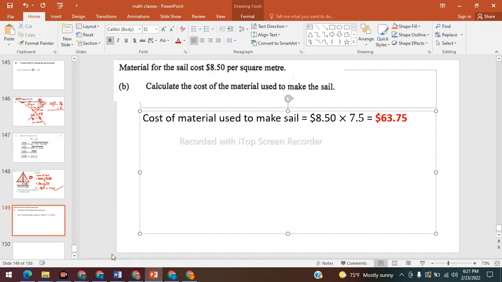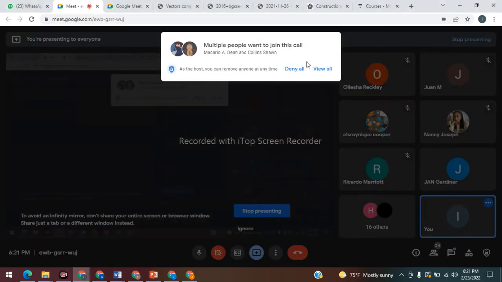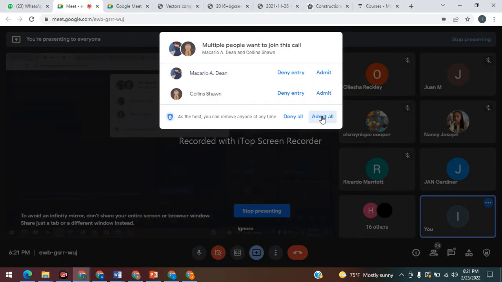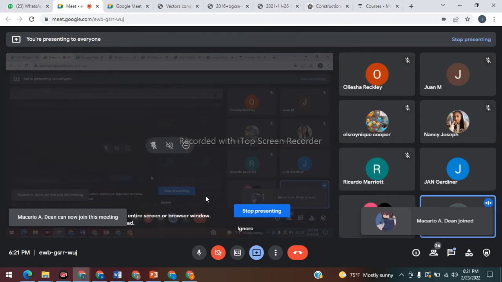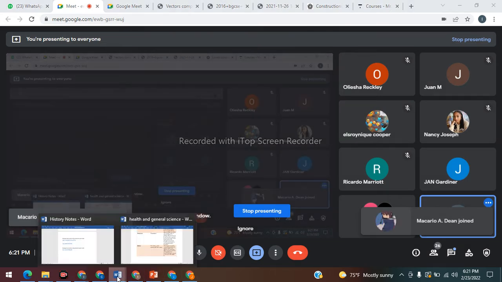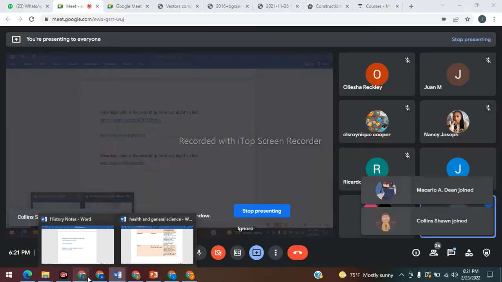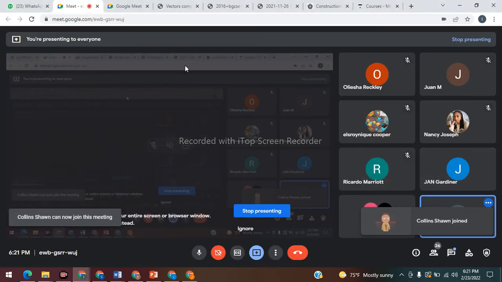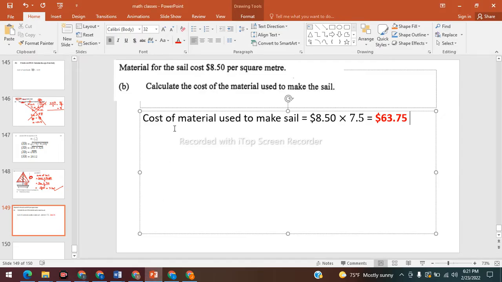Okay, so let's return back here. The cost of material used to make the sail is going to be $8.50 multiplied by 7.5, which is going to give us $63.75.